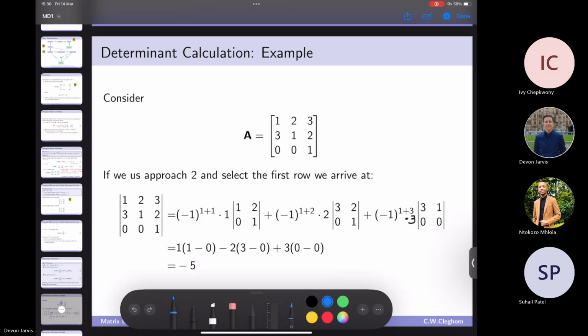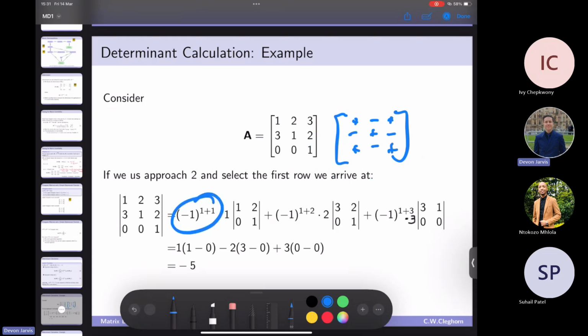Similarly, for this element here, and I'm just expanding along the first row, that is the first row, second column, 1 plus 2, and you raise minus 1 to that power. What this essentially gives you is a checkerboard that looks like this: positive, negative, positive, negative, positive, negative, positive, negative, positive. That is the term that you add in the front. Whether it's positive or negative follows this pattern, but it actually comes from just saying minus 1 raised to that power.